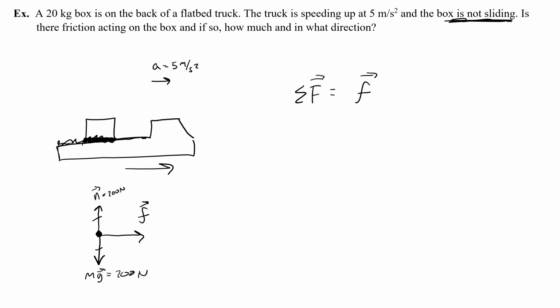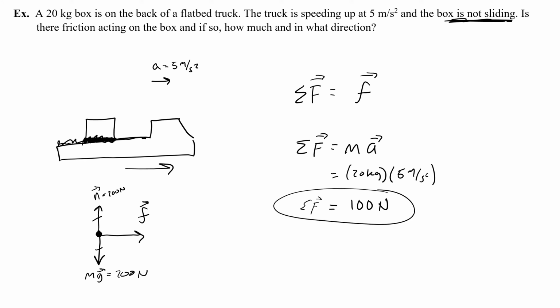So to figure out what the net force is, and therefore what the force of friction will be, I just use my mass times acceleration equation. 20 kilograms times 5 meters per second squared. 20 times 5 is a number, right? Yeah, it's 100. It's 100 newtons of force. So that's the net force, and therefore the force of friction.